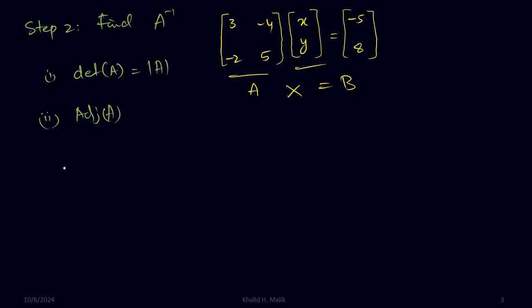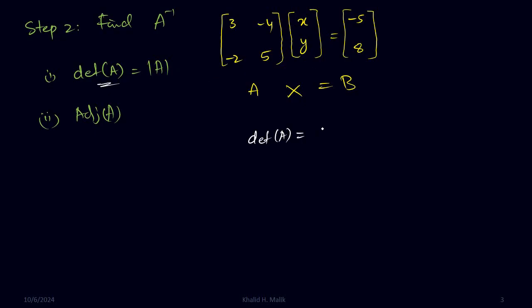Now what we have to do in step 3 is find the determinant of this A matrix. We can see the determinant of A, and observe that this is a 2 by 2 matrix, and we can find the determinant of this matrix by multiplying the diagonal elements, and then finding the difference of the diagonal elements and the off-diagonal elements.